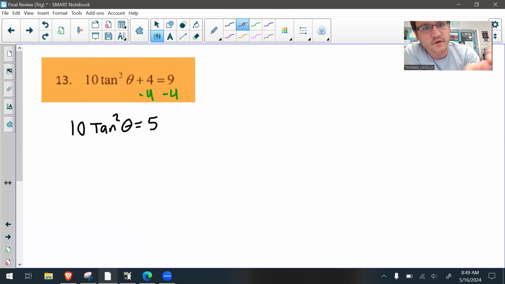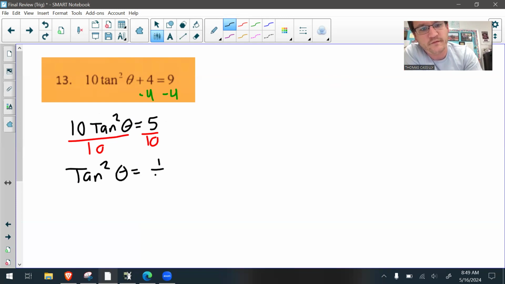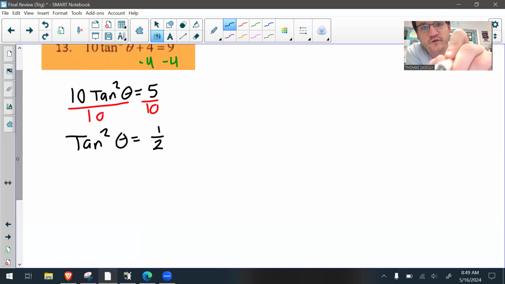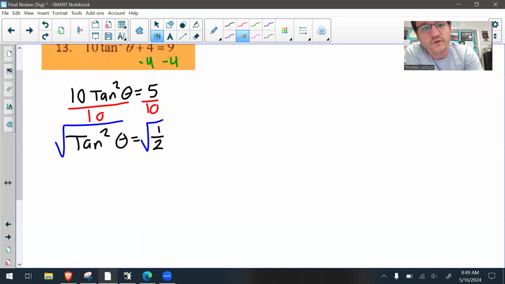Now, divide away the 10, and we're going to have tangent squared of theta equals 1/2. Right? So from here, tangent squared, how do you kill a square? Well, you need to square root both sides, right? And one extra thing, anytime you're solving an equation and you take a square root, you have to put the plus or minus in there, right?